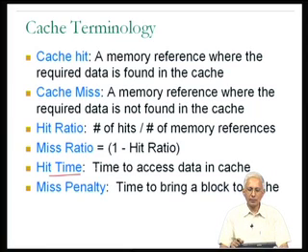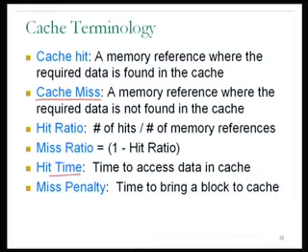Finally, we could also talk about the miss penalty. Recall that the cache miss is the situation where the piece of data which has been requested by the processor is not found in the cache. Now, what does the cache hardware have to do if there is a cache miss? Very clearly, the cache hardware must cause the data to be brought from main memory into the cache, and subsequently the data can be provided from the cache to the processor.